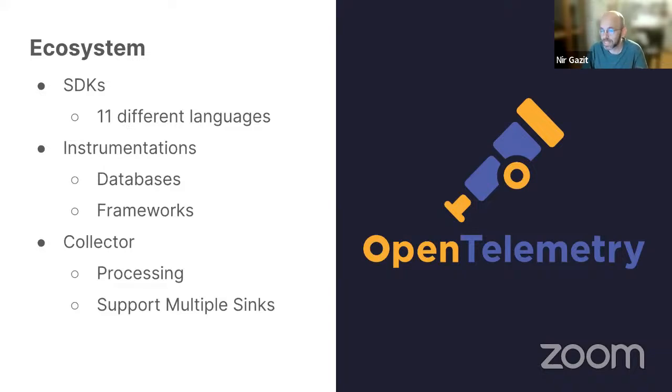On top of these SDKs, OpenTelemetry built something called instrumentations, which we're going to talk about more in a bit, and collectors, which help us with the processing of the telemetry before we send it out to the observability platform. And again, I'm going to talk about it more in the next couple of slides.